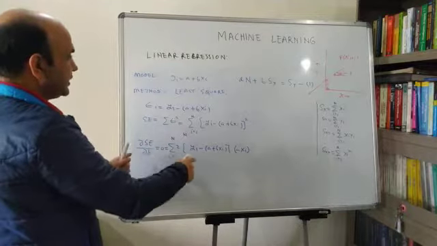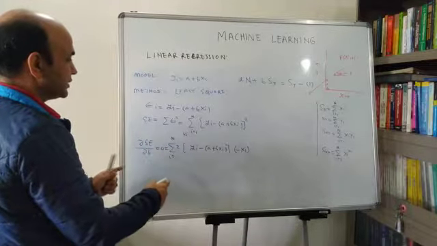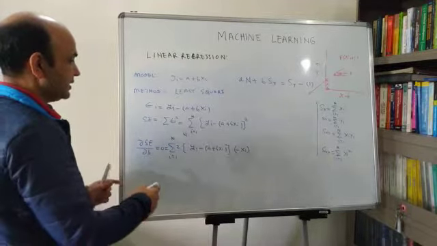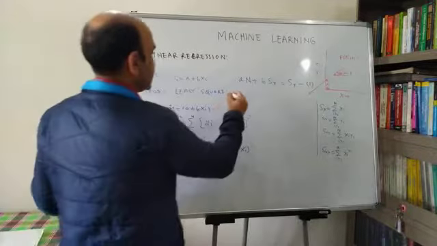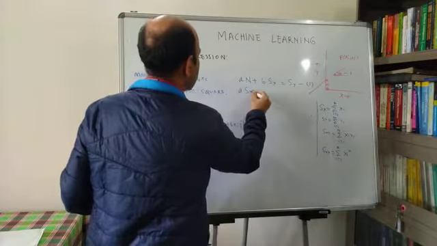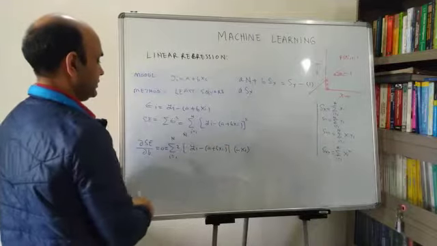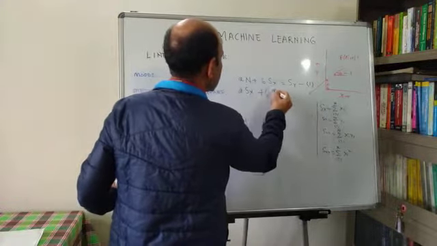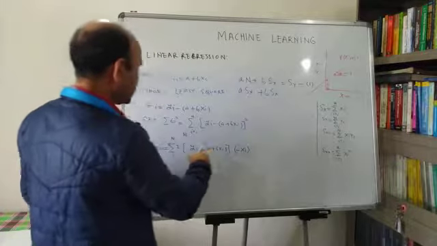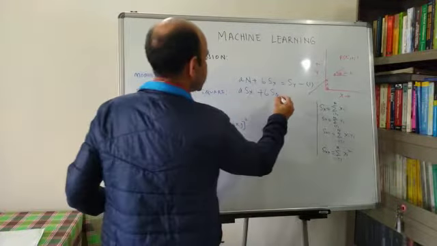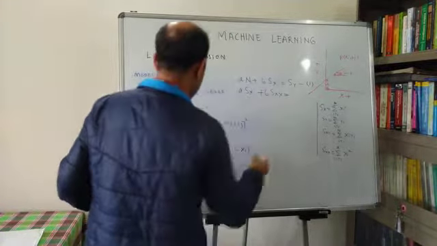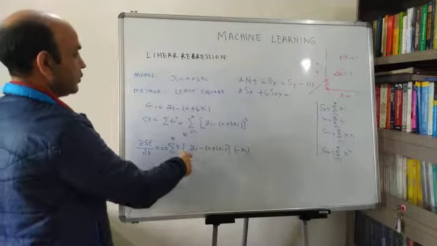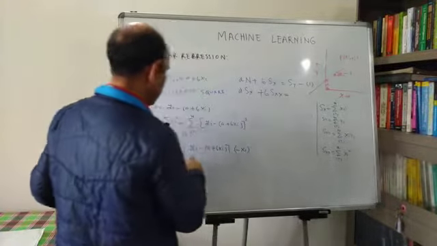If we open it and simplify it, which I am not doing just to save space, we can write a·sx + b·sxx = sxy.